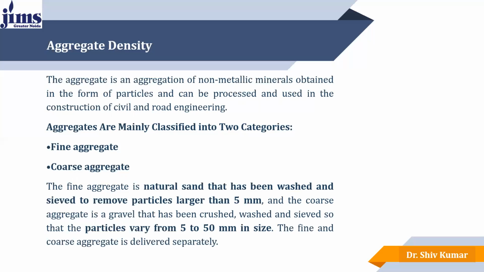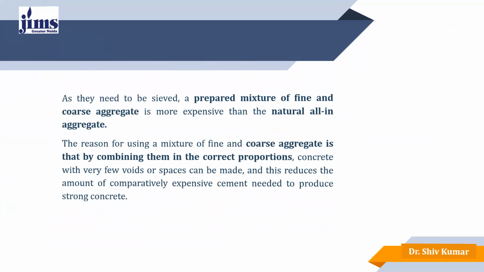The next is coarse aggregate. Particles having a size of more than 5 mm are defined as coarse aggregate. The size of coarse aggregate may vary from 5 mm to 50 mm. Fine and coarse aggregate are delivered separately based on the requirement of the site.